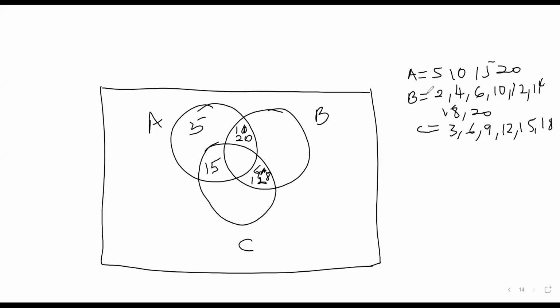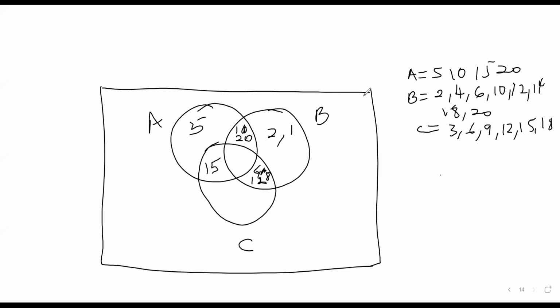B, what is filled? What is not filled? We have 6, we have 18, we have 20, we have 10. What do we have left? 2, 4, 8, 2.